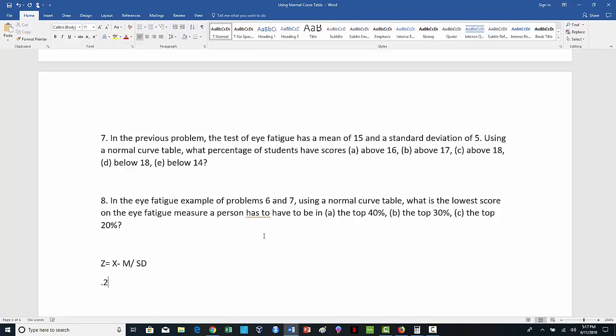The z-score was 0.25, and we're solving for x here. Minus, and again, the mean comes from this previous problem. We have a mean of 15 and a standard deviation of 5.